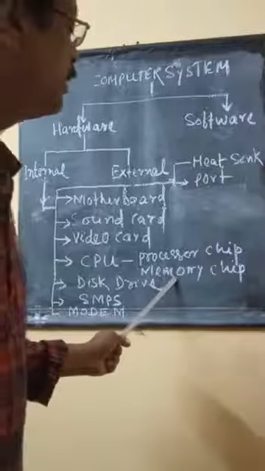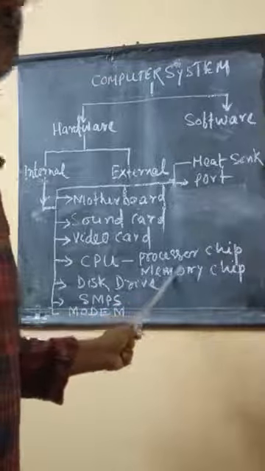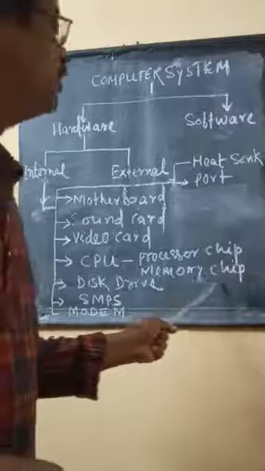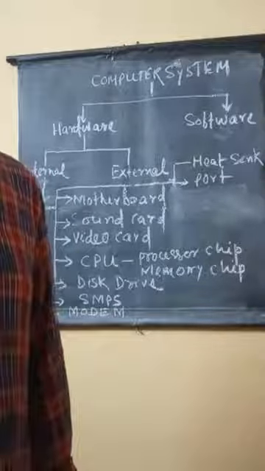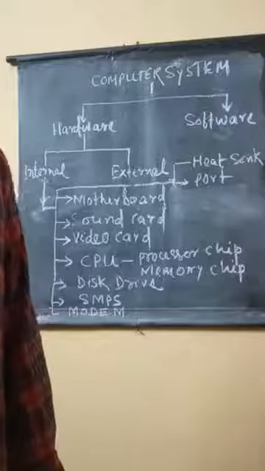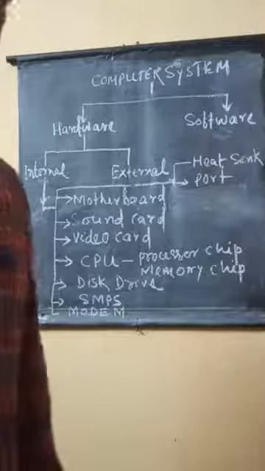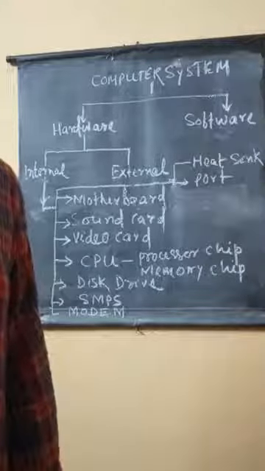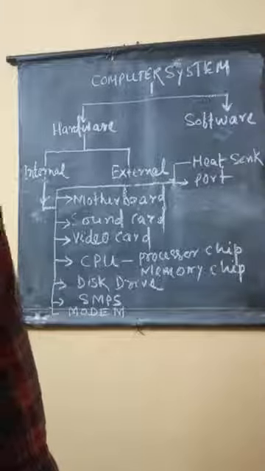That is also called internal memory. And this memory chip is a small chip that stores and enables the computer to store data and instructions. Now we'll see again how the memory is divided, the configuration of the memory of the computer. Okay, so that we'll see now.